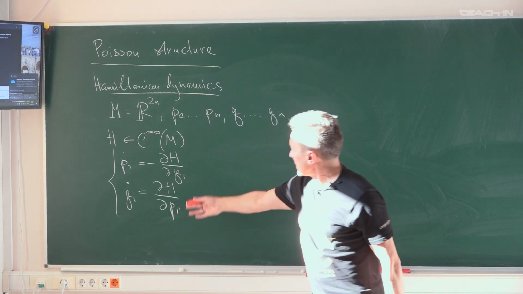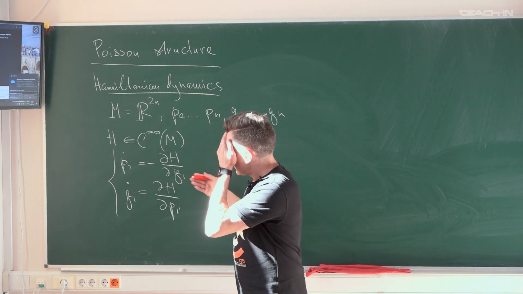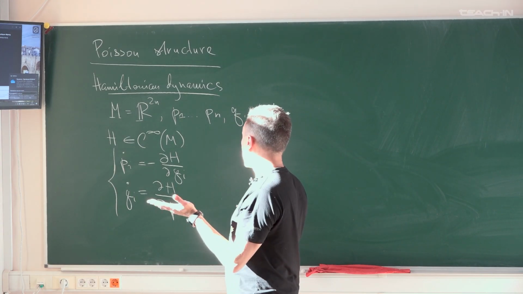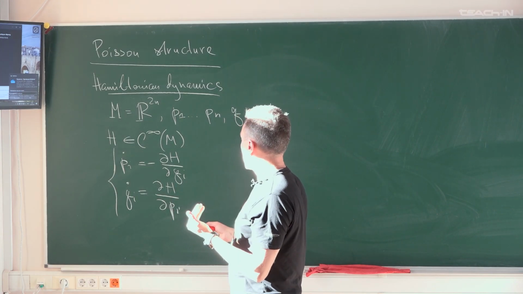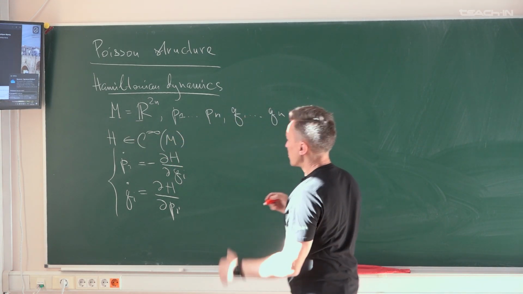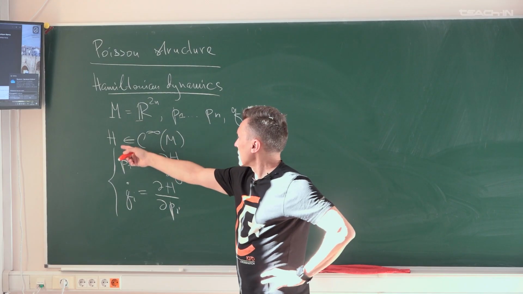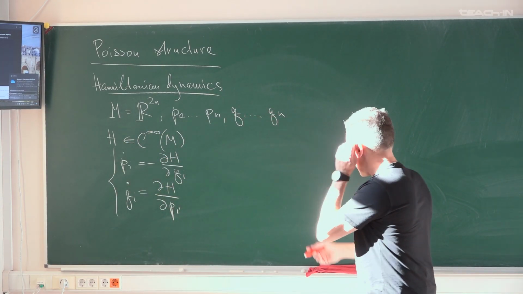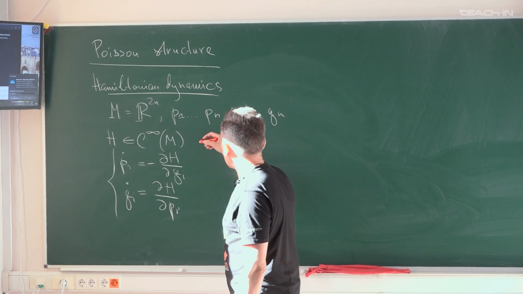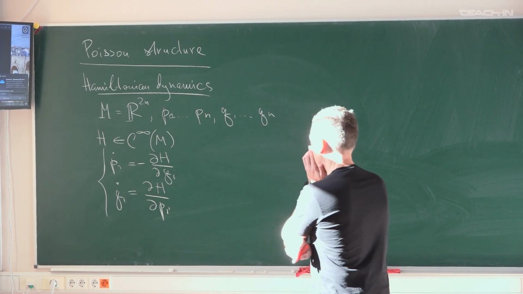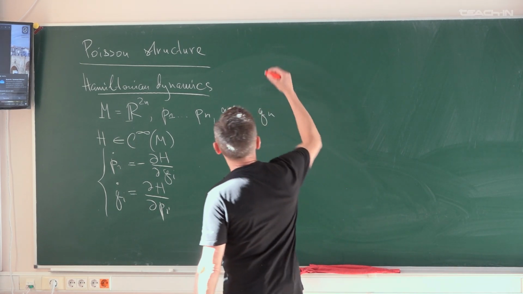So this dynamical system, this system of differential equations, is called the Hamiltonian dynamical system on this space with this choice of variables, corresponding to the Hamiltonian function H. So I suppose it is known, as an example of such a system.